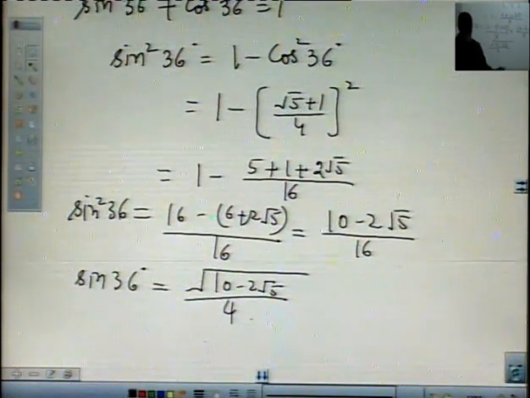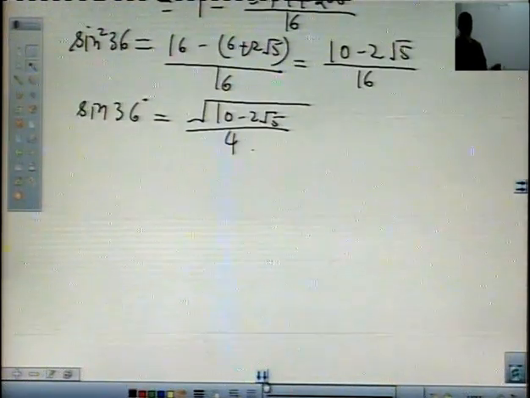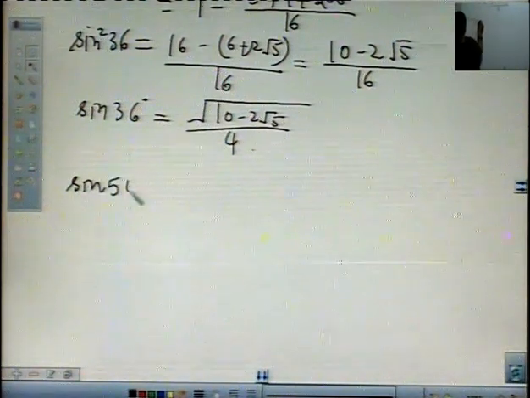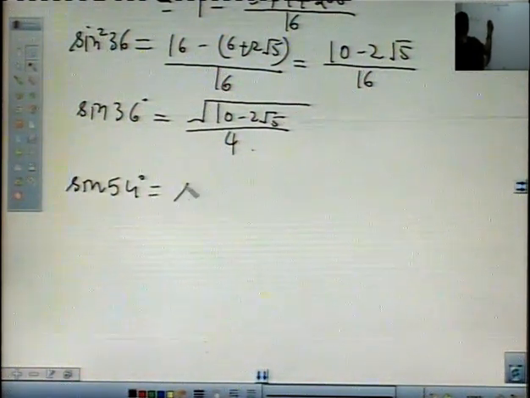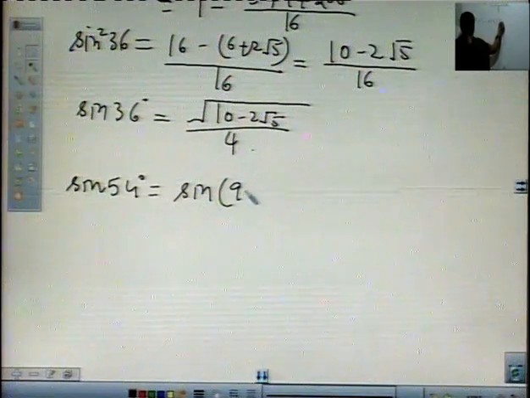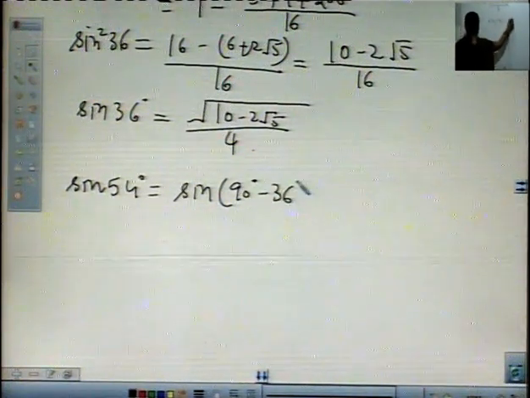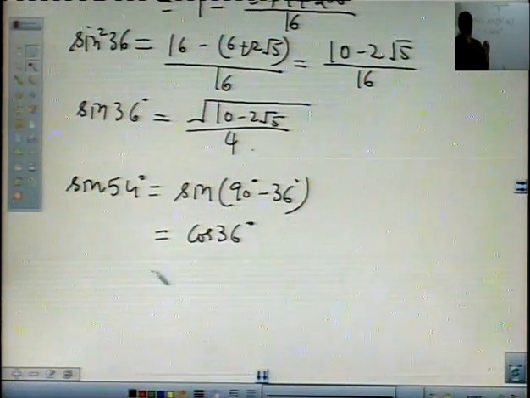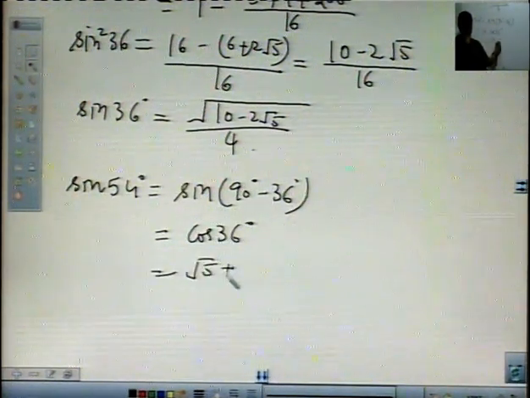Now, corollaries. The value of sin 54 is sin of 90 minus 36, which is equal to cos 36, and cos 36 is root 5 plus 1 upon 4.